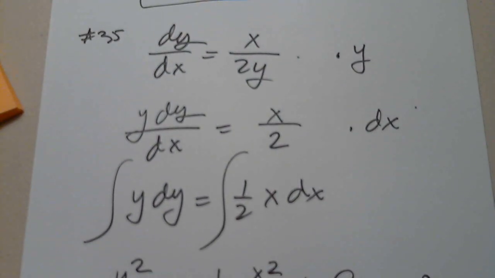I would like to also look at one of these problems, because here we are given the initial condition to help us find the constant. In these three examples, we did not have an initial condition. We did not have to solve for c and plug it back in.